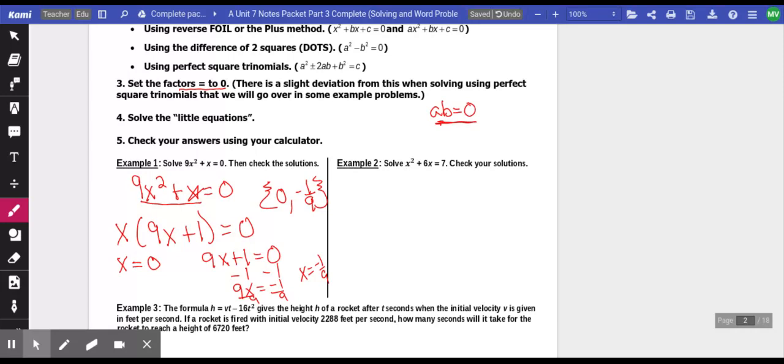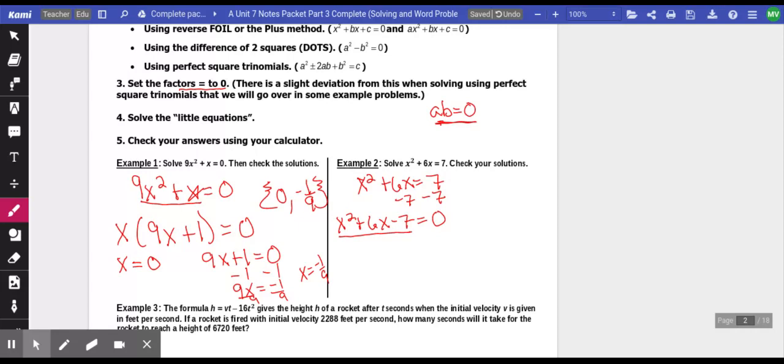Example 2. Notice this one, x squared plus 6x equals 7, does not equal 0. So the first thing I need to do is make it equal 0. I subtract 7 from both sides, and I get x squared plus 6x minus 7 equals 0. Now that it equals 0, I want to look at x squared plus 6x minus 7 and factor that just like we were before.